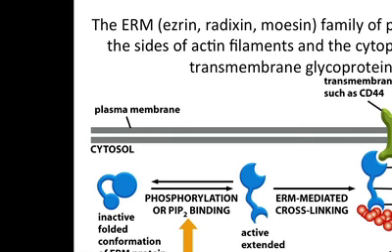If you attach to some sort of receptor or some transmembrane protein, then that's a good way. So the way it would work is you might have your ERM protein in some kind of folded inactive conformation. Then there would be some sort of signaling, right? Because remember, things just don't randomly happen.